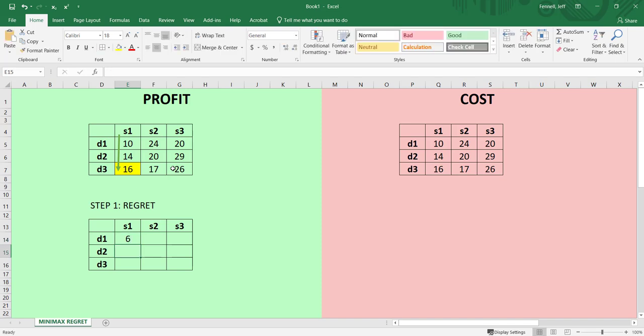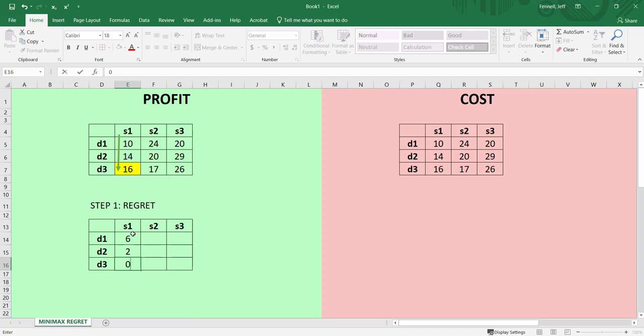This value will only ever be the absolute difference between the best option for that state of nature and the individual payoff you're looking at. So again, a difference of 6 units between 10 and 16, always positive 6, never a negative sign here. Similarly, the difference between the payoff of 14 units and 16, the best option for that state of nature, would be 2 units. And there will always be a 0 difference between the best option and itself.